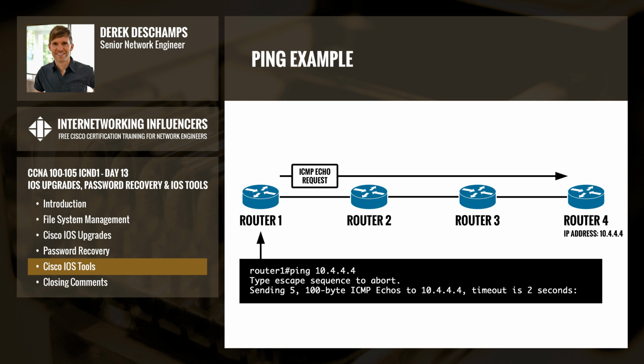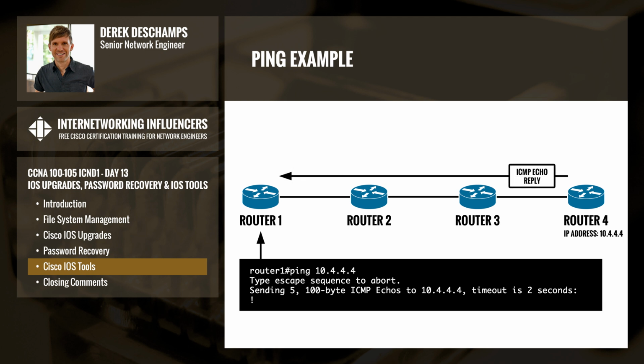Once this command was entered, router 1 would send an ICMP echo request to router 4. Once router 4 receives the ICMP echo request, it would reply back with an ICMP echo reply.